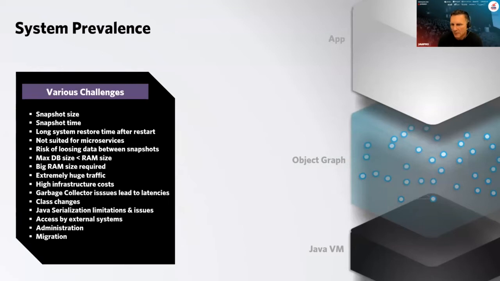And when we use snapshots all the time, there's a lot of traffic on the wire. Then huge memory sizes in Java might be a problem. If you have not heard our previous keynote session, many Java developers think about garbage collector issues.